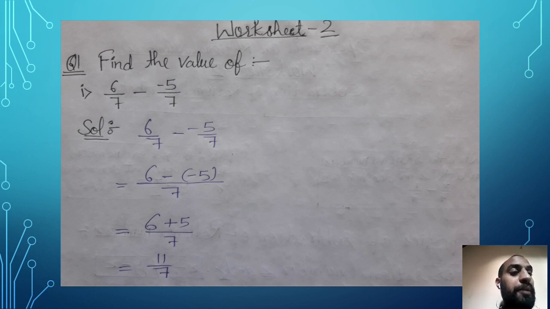They forget to multiply the minus sign inside the bracket. So when we multiply this minus sign inside the bracket, then one minus is with 5. So minus into minus becomes plus. So overall answer 6 plus 5, it is 11. So in this way we will get the answer, that is 11 upon 7.